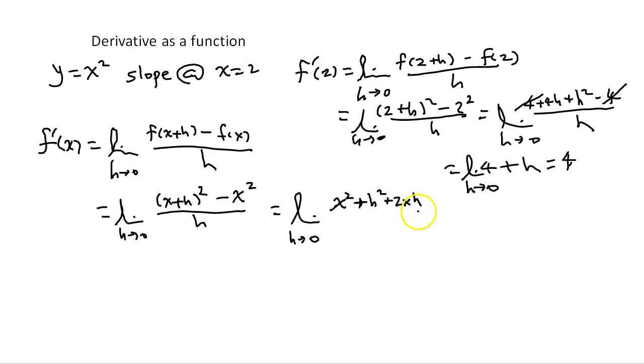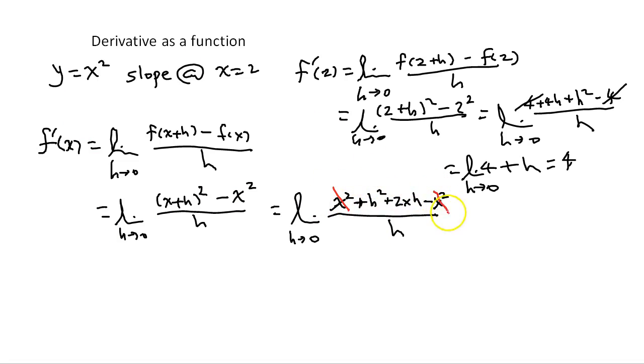Why does this one appear? Well, if you FOIL this out, you will see that this is needed. When you expand (x plus h) squared, not only do you get x squared and h squared, which are the squares of the first two, the product of the two things doubled also appears when you expand it. Now you subtract x squared and divide by h, and you see that x squared cancels.